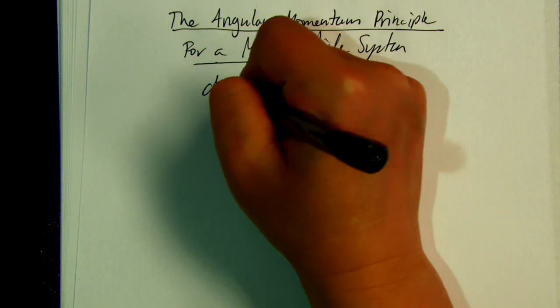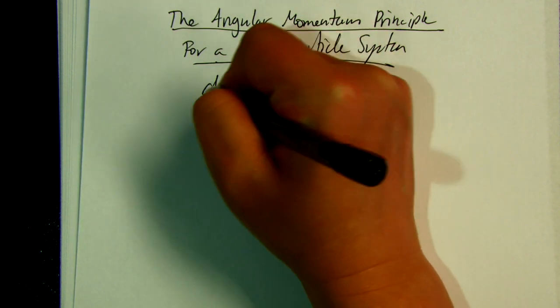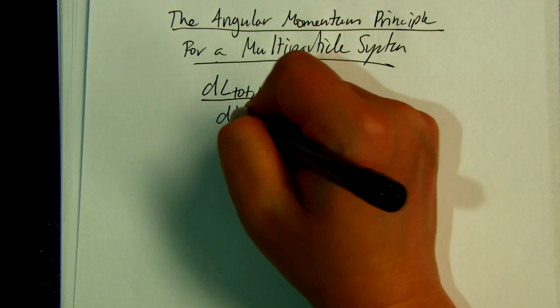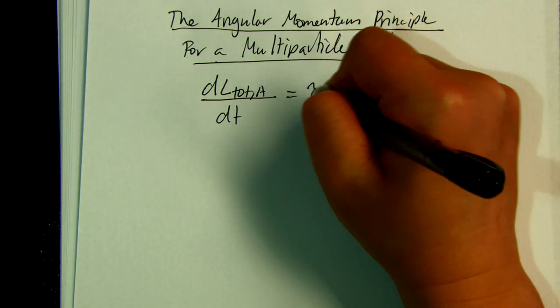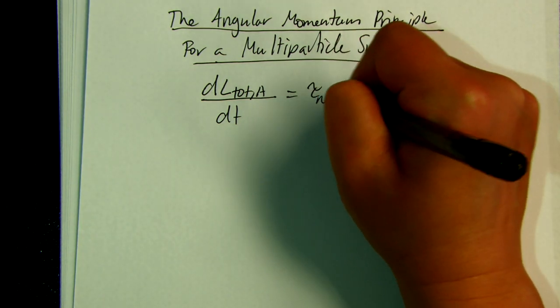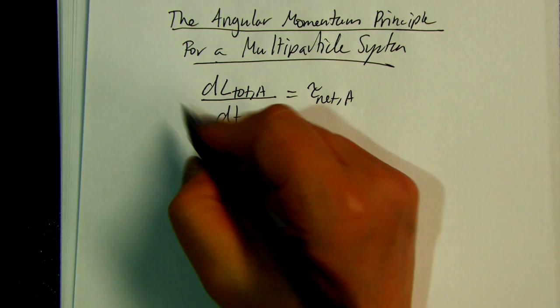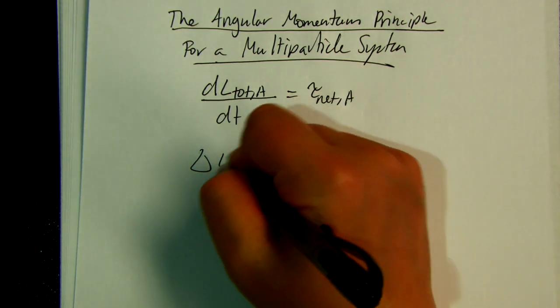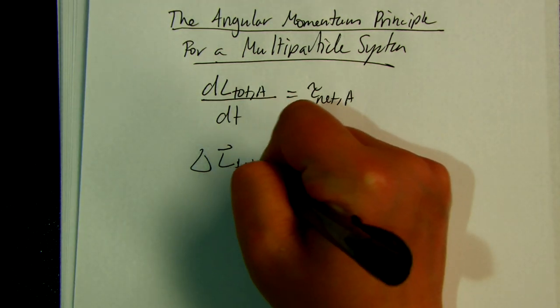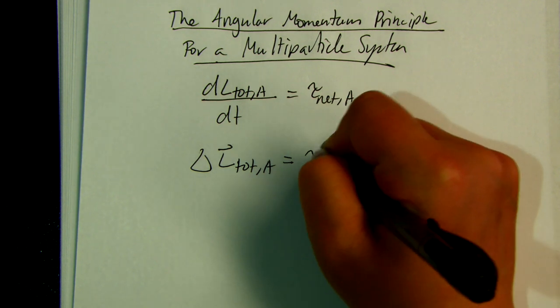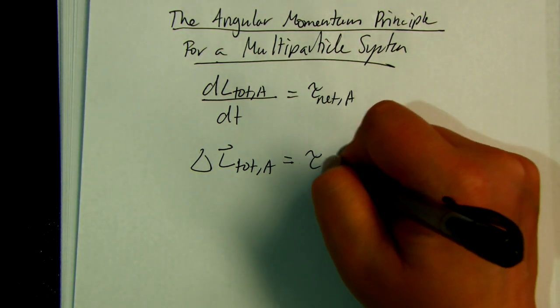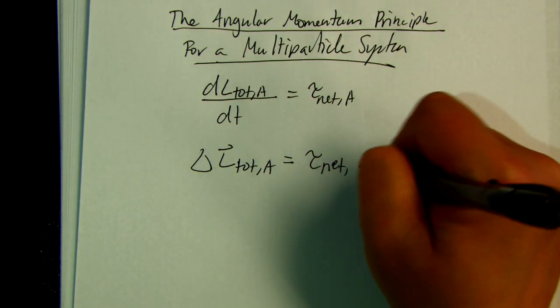So the change of total angular momentum with respect to position A over the change in time is equal to the net torque at A. And delta L total with respect to A is equal to the net torque with respect to A times delta t.